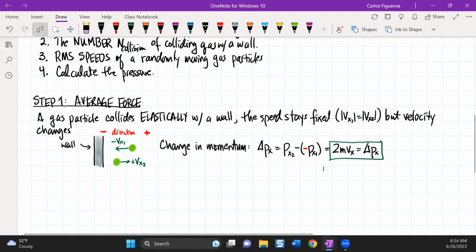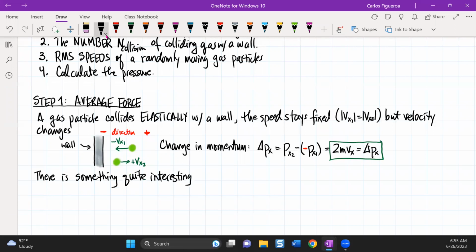Now, I think it's worth talking about this because there's a lot of good physics in deriving this. There is something quite interesting about delta P. Note that this is a vector quantity.